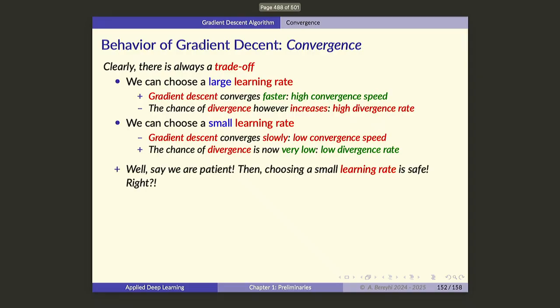So now, you might tell me, okay, let's say we're patient, we are not in a hurry, we can just wait till it converges, then the safe choice is always to choose a very, very small learning rate, right? Do you think this is a right argument?